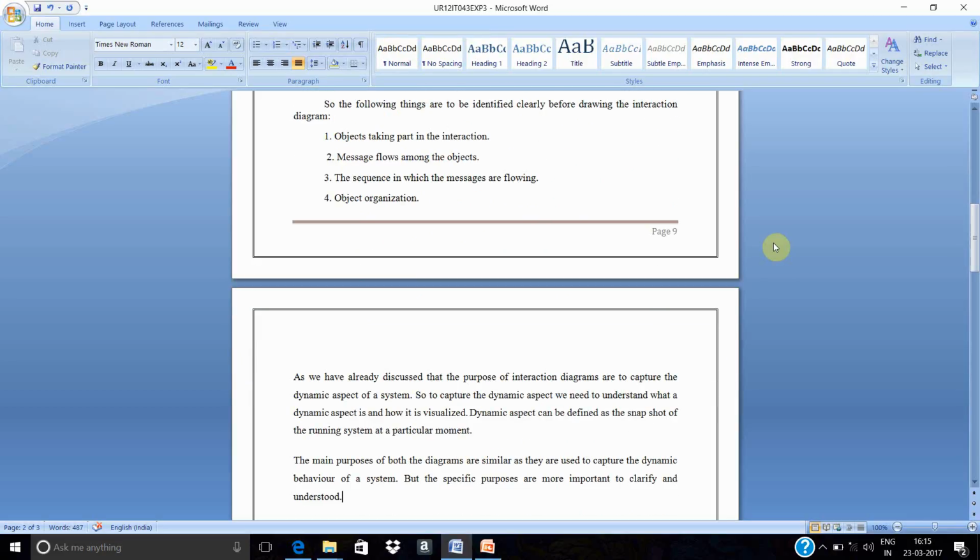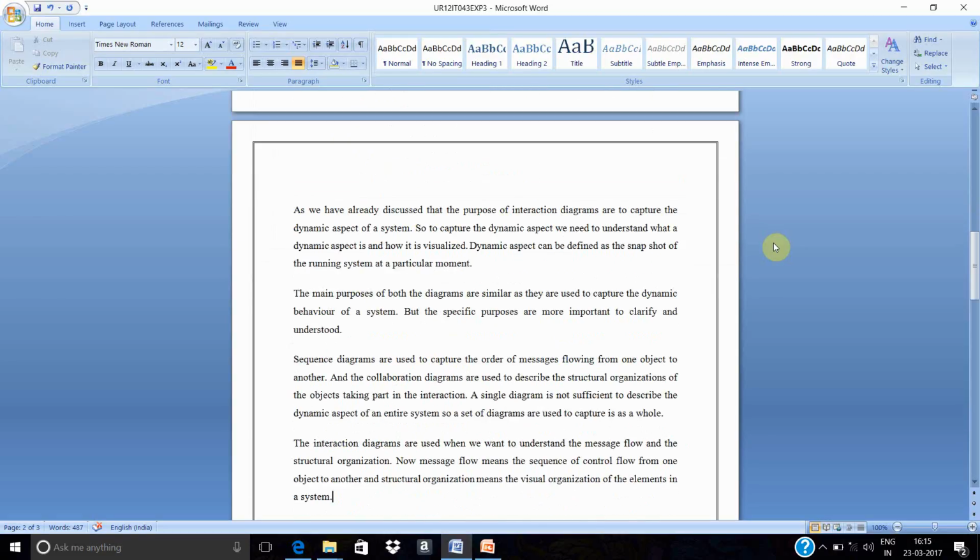As we have already discussed, the purpose of interaction diagrams is to capture the dynamic aspects of the system. So to capture the dynamic aspects we need to understand what dynamic aspects are and how they are visualized. Dynamic aspects can be defined as a snapshot of the running system at a particular moment.